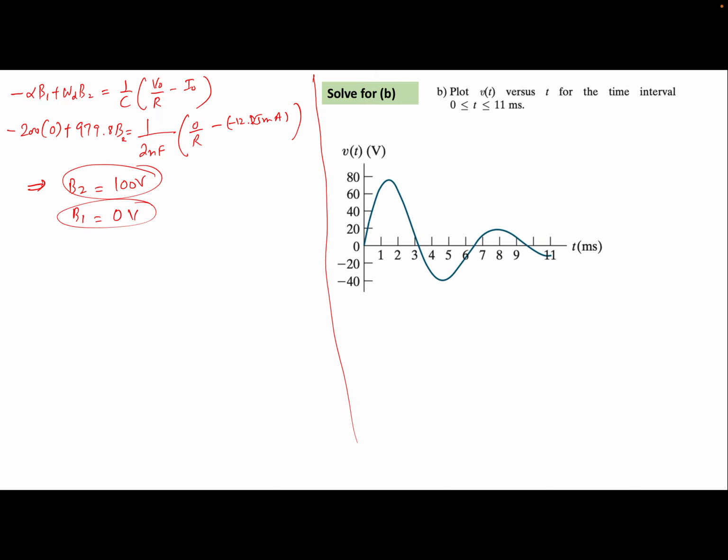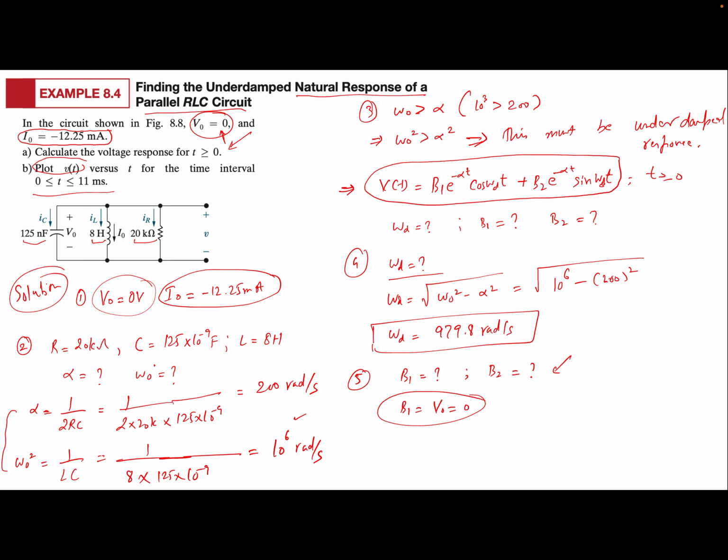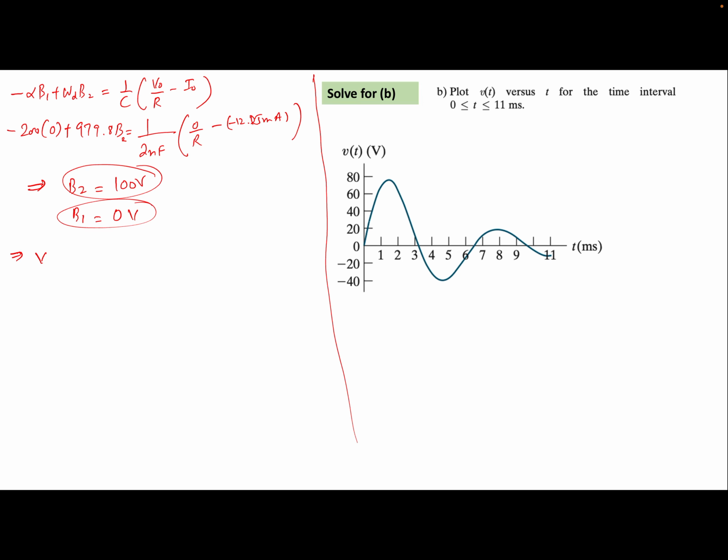So let me write down the equation now. I have to place everything in this equation. V equals, again, the equation was b1 e raised to power minus alpha t cos of omega d t plus b2 e raised to power minus alpha t sine of omega d t, right?